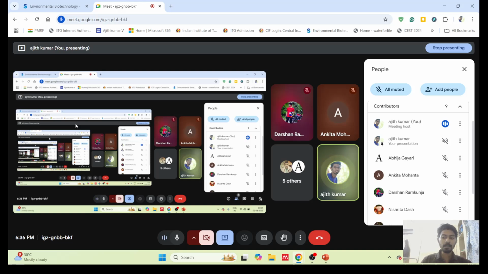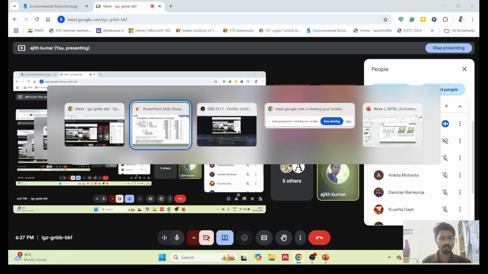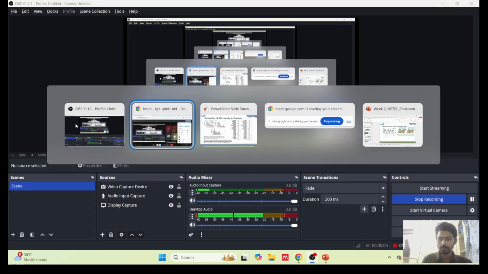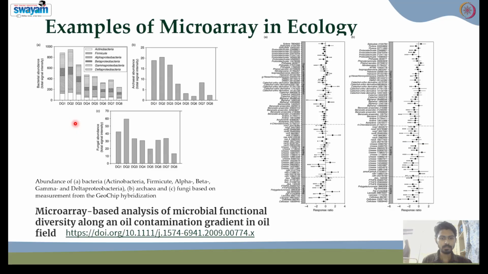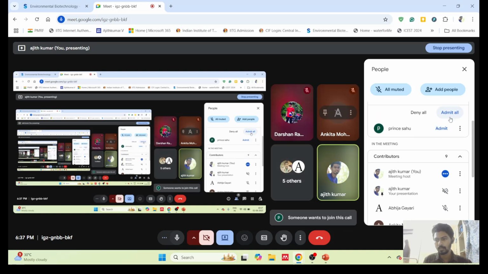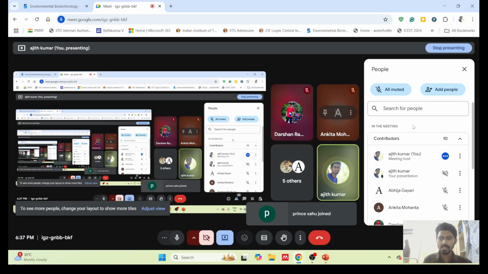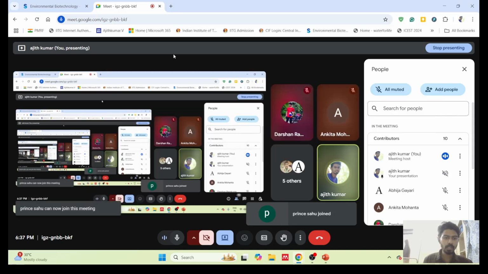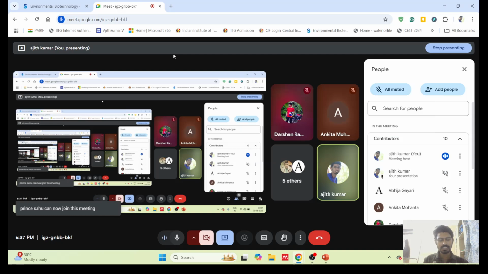We have also seen how it is applied in microbial ecology. These are the important concepts that have been gone through in week 2 of the course Environmental Biotechnology.